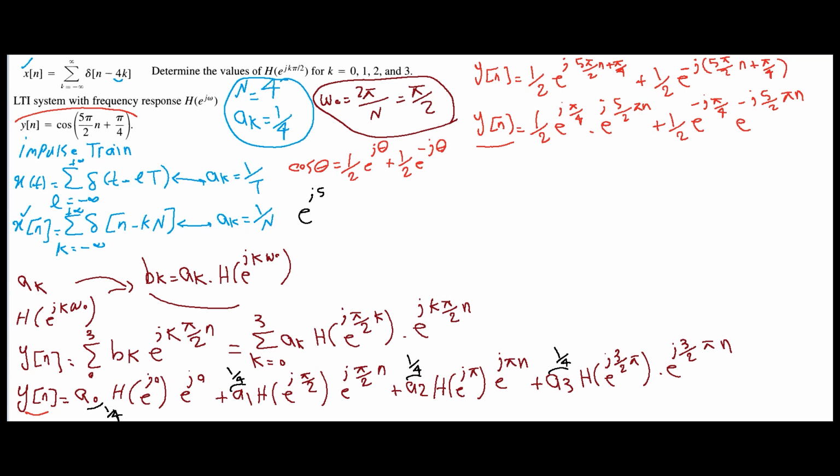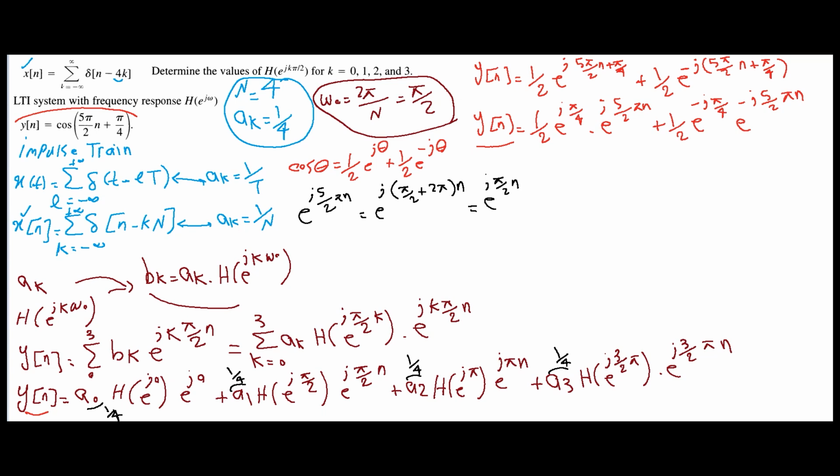Notice that e^{j5πn/2} can be written as e^{j(π/2 + 2π)n}.